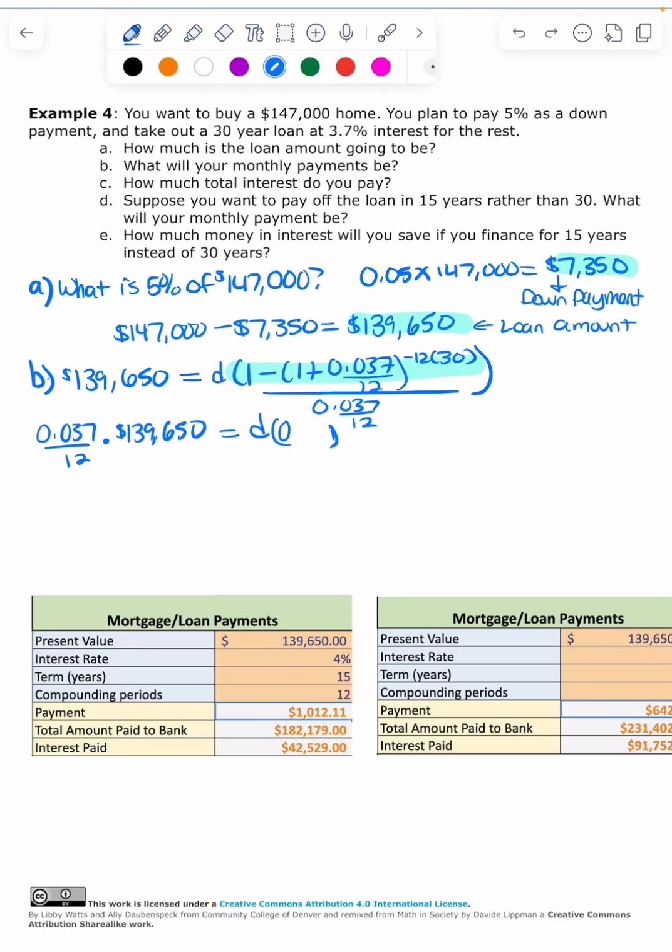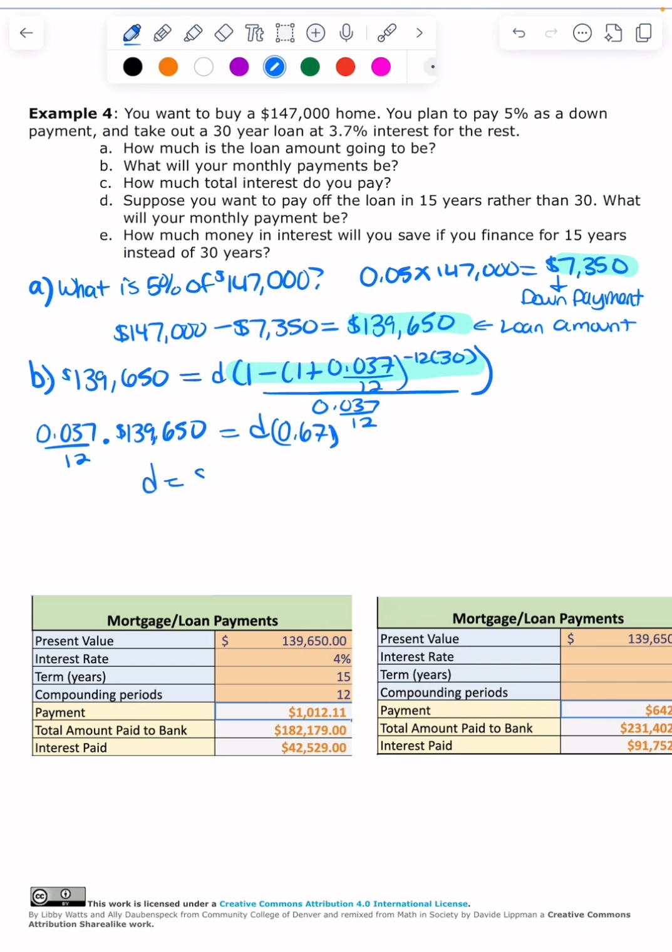Of course, I'm rounding on paper, but not in the calculator. And then I'm going to do the same process as before. So 0.037 divided by 12 times 139,650 divided by the answer from the previous one.